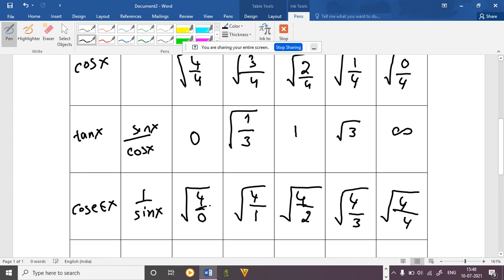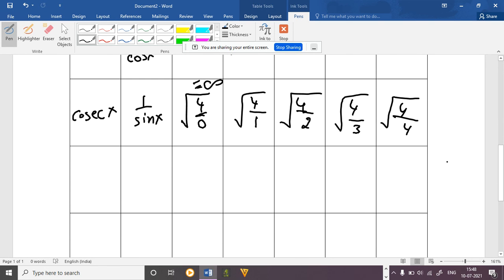So this 4 by 0 is nothing but infinity. Now coming to secant x, that's again 1 by cos x.